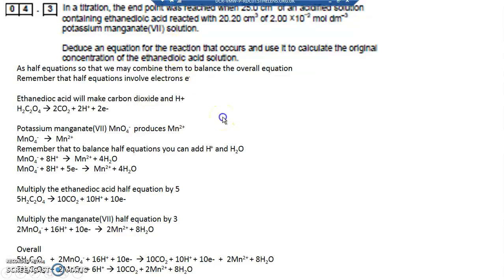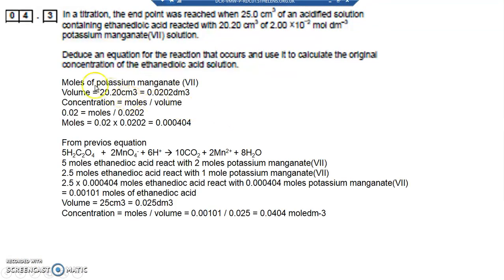Okay, so what's next? Now I can work out the moles of potassium manganate(VII). I've got a volume, 20.20 cm³, and I need to get that into dm³. Going from a small unit like cm³ to a larger unit like dm³, I divide by 1000, so that works out as 0.0202 dm³.